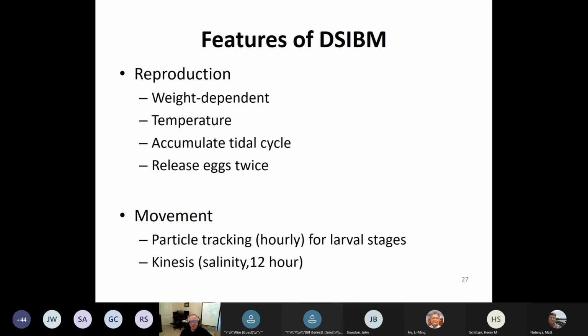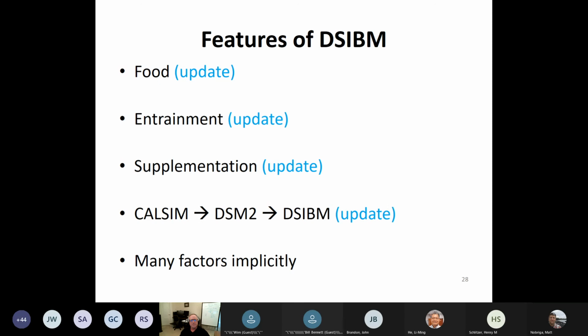So all this occurs in the model with individuals, and they release eggs, and we take those eggs and follow them, the bookkeeping is horrendous, as cohorts, and they become yolk sac, and they become individuals, and then they grow up and they produce eggs. And the movement is the particle tracking that's been done with DSM2 for the passive stages, not eggs, but yolk sac and larvae, and then a behavior based on salinity we call kinesis.